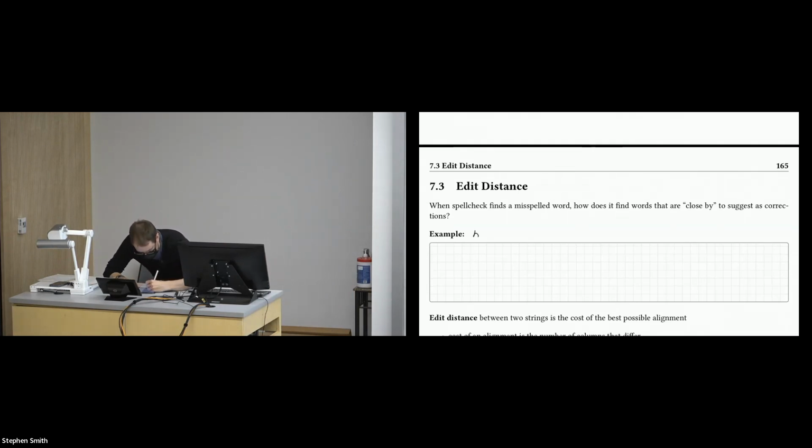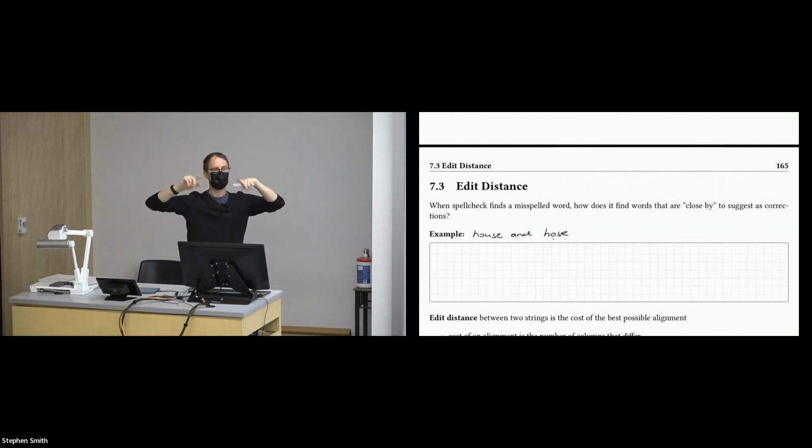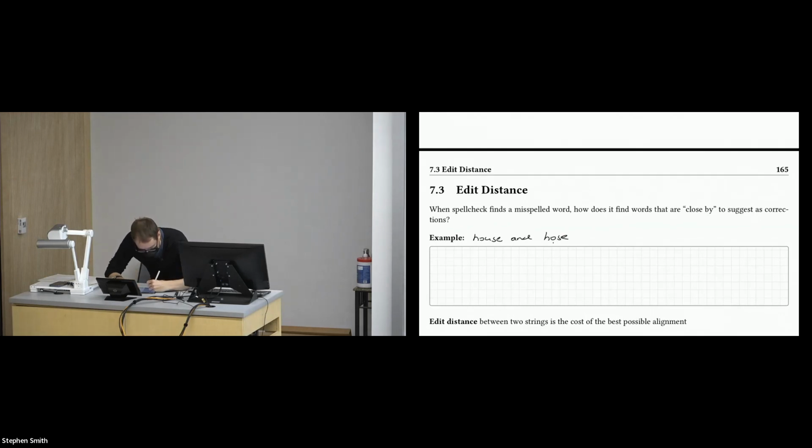So let's say I have two words, house and hose. What I think about doing is aligning the words one on top of the other and looking for mismatches. Let me show you two ways I could align those words. So alignment number 1, I write house, and below it, I'm going to align hose.